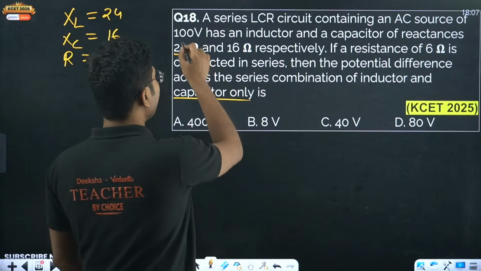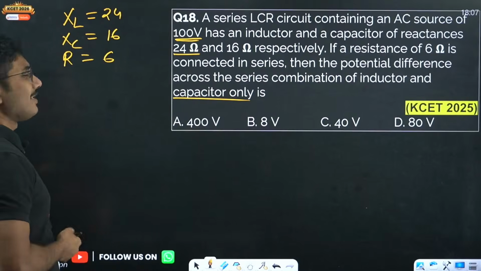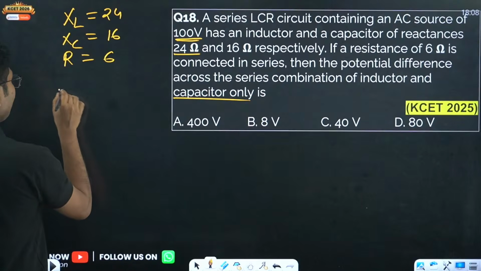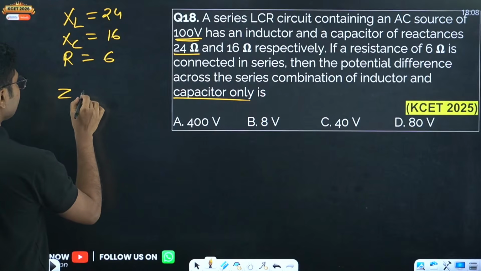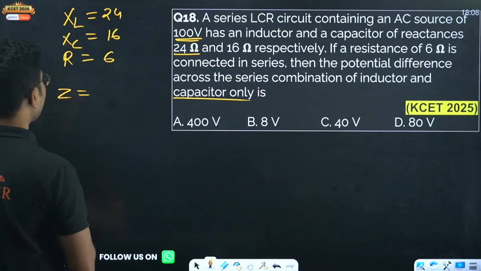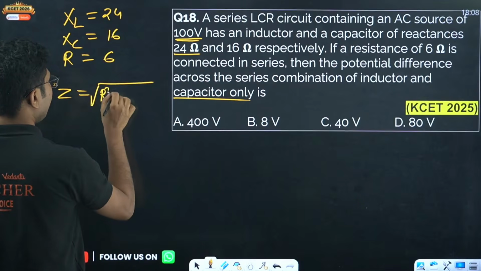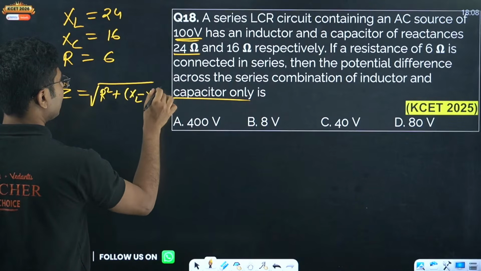The total voltage is 100 volt, so you have to calculate the impedance and then the current in the circuit. Impedance is given by the square root of R square plus (XL minus XC) whole square.